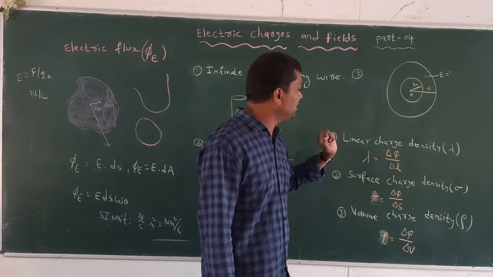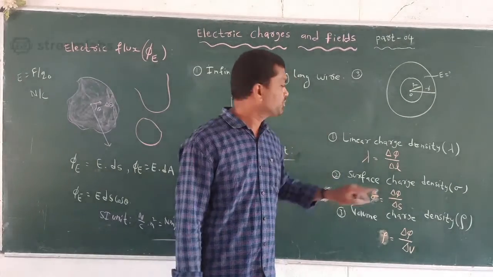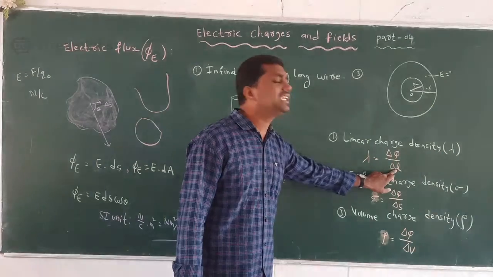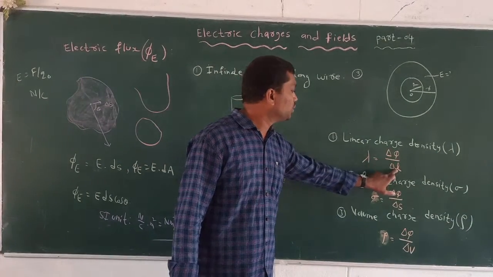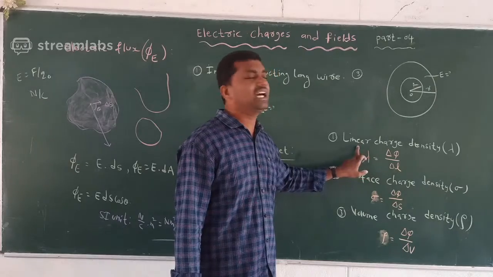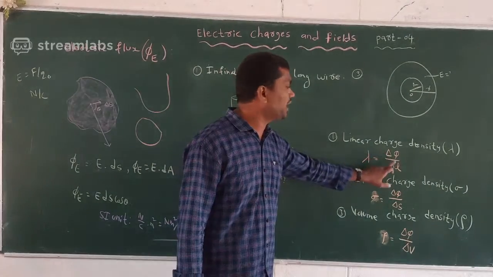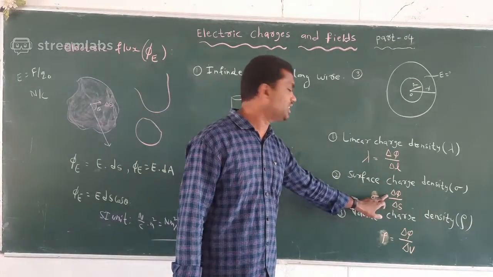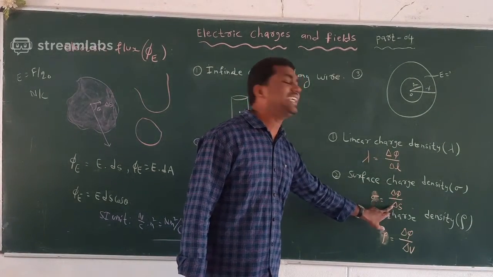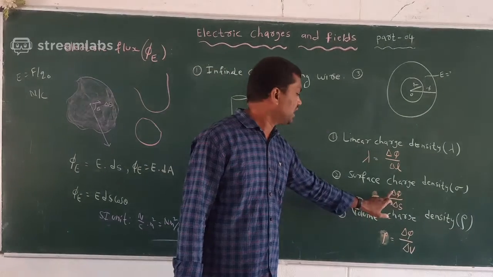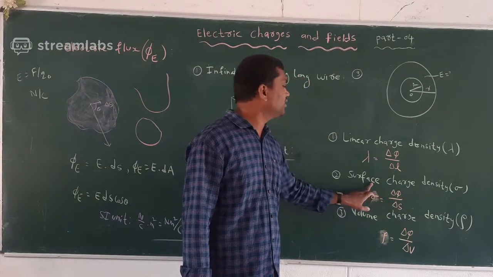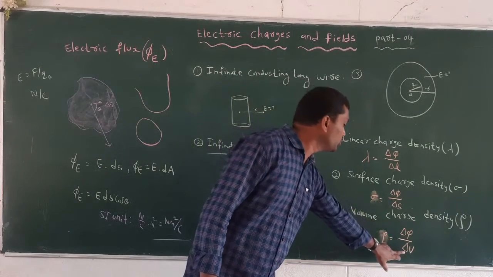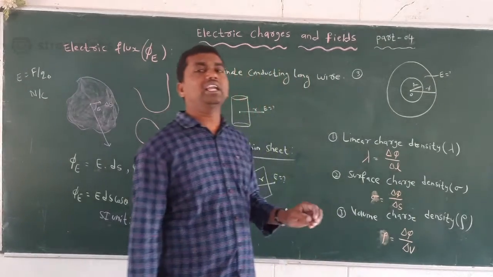So the definition of linear charge density is charge per unit length. In the same manner, surface charge density is charge per unit area. The third one, charge per unit volume, is called volume charge density.